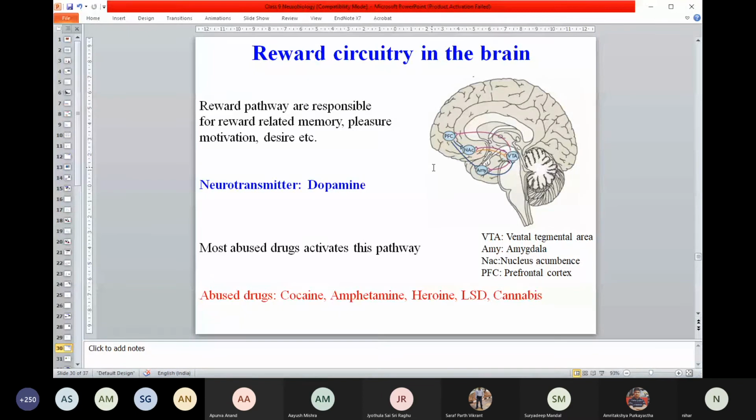So experimentally we can prove that there are hubs, places which play an important role in reward pathways. But think about these drugs, which also do the same thing.